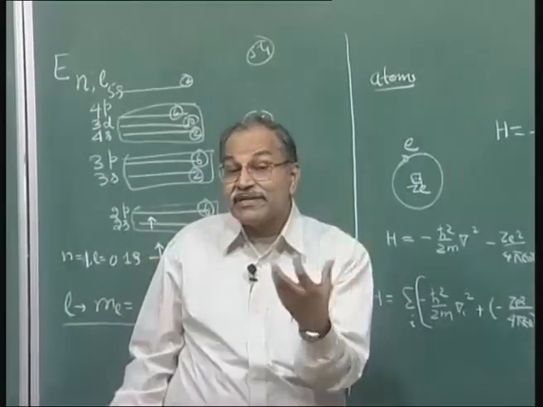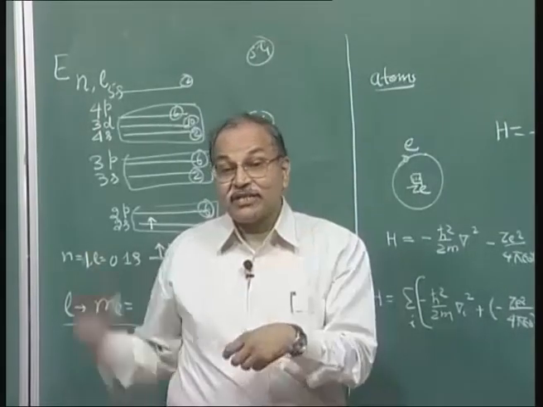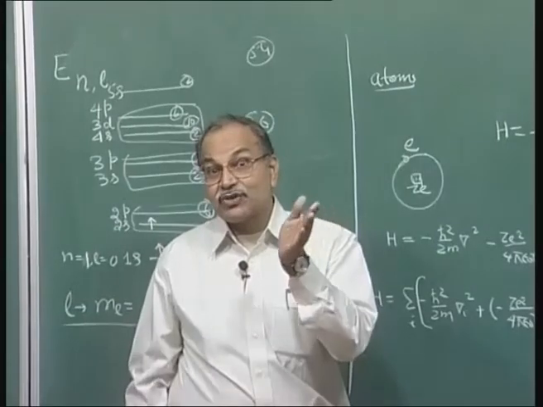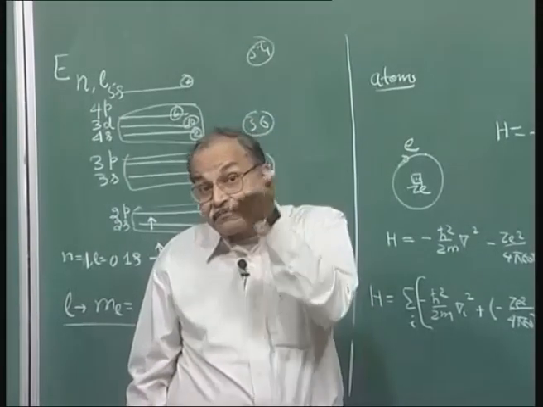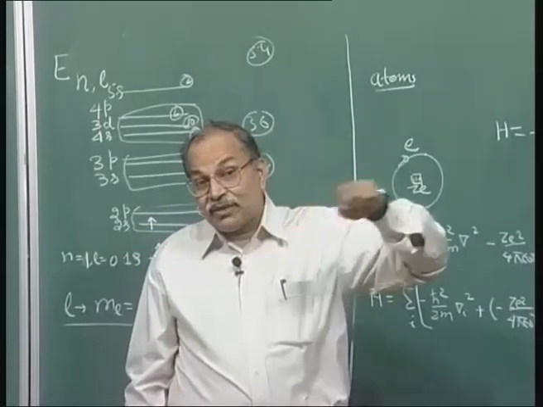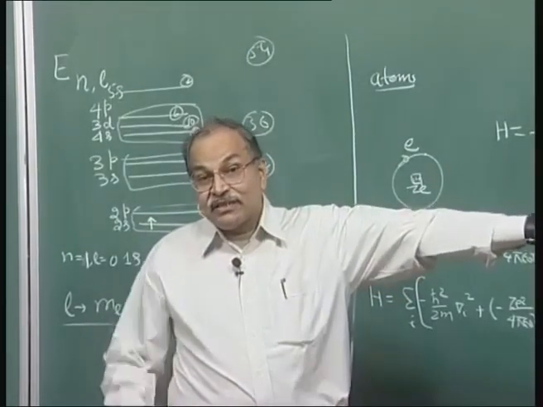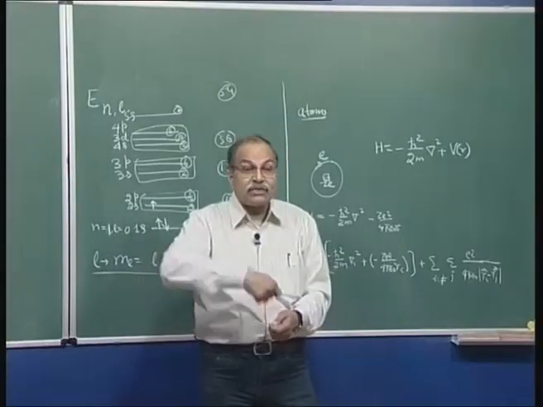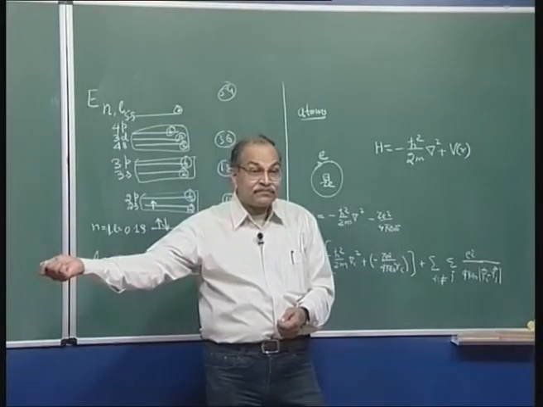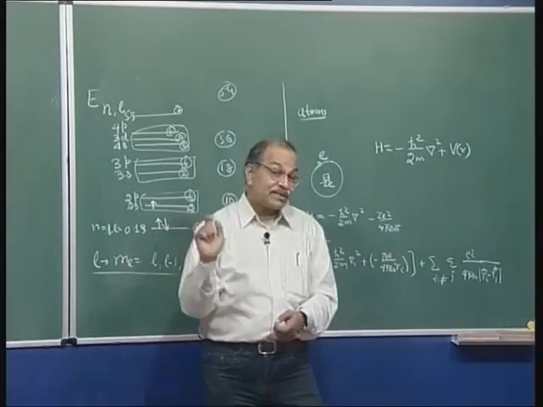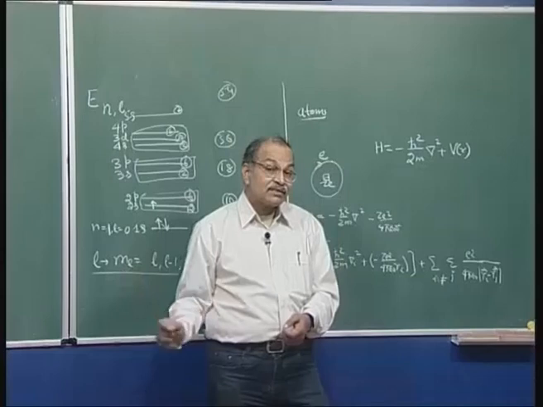Similarly, if there is a shell structure inside the nucleus, then nuclear radii should also have sudden jumps, or corresponding to ionization energy, here you will have neutron separation energy or proton separation energy, that should have sudden jumps at certain fixed numbers, right.